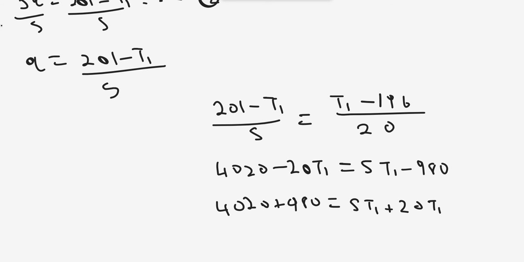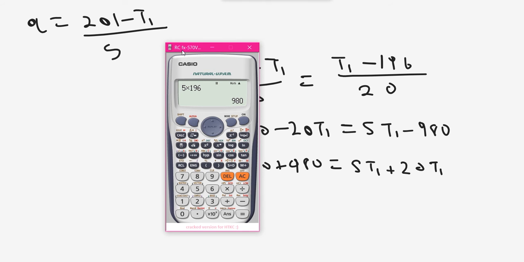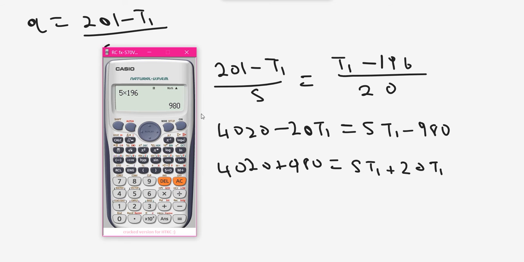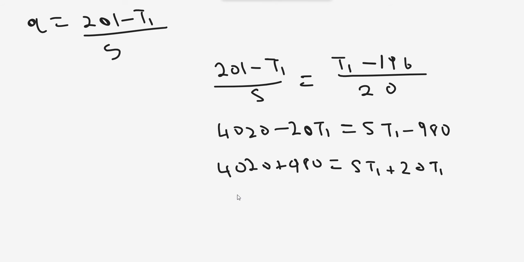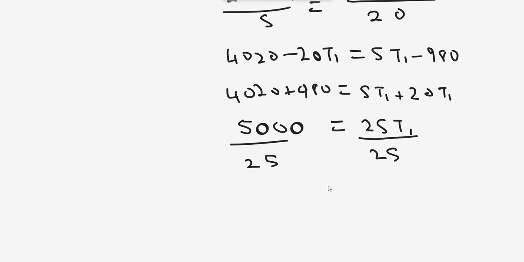And then we solve this by saying 4020 plus 980 is equal to 5,000 equals 5 plus 20 is 25 T1, and we divide by 25, and we get our answer, which is T1 equals 5,000 divided by 25 is 200.